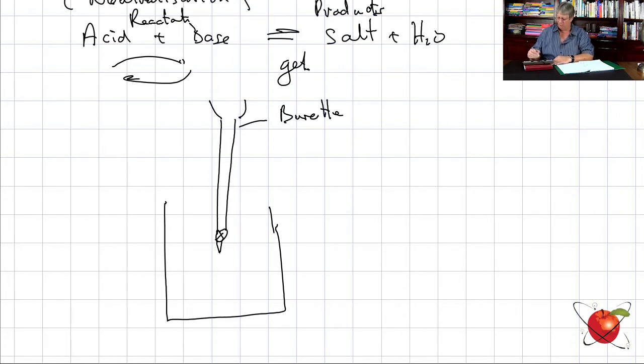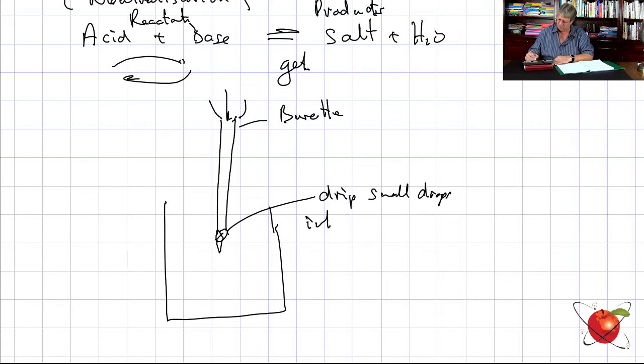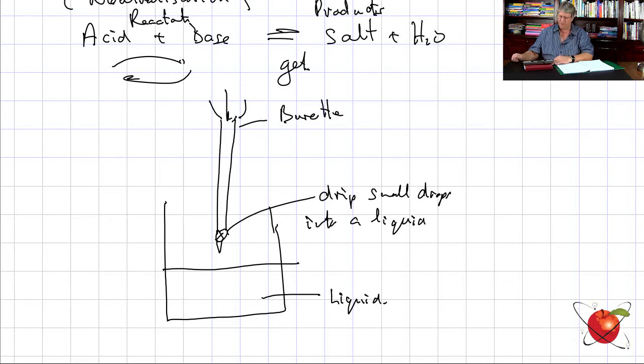What you do is you fill this up with a liquid, and out of there you can drip small drops into a liquid. So we can have our liquid over here, and we drip small little drops of something into something else.